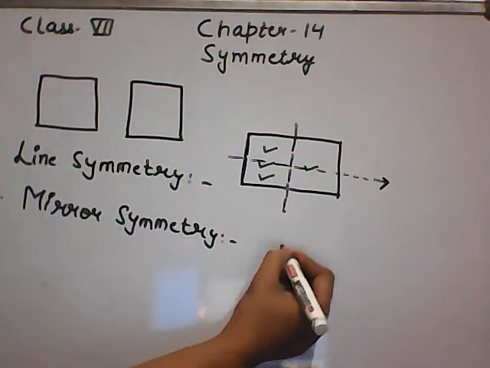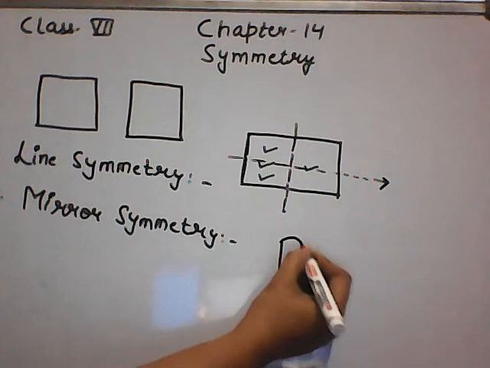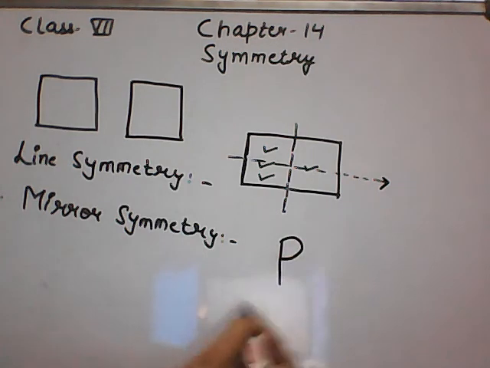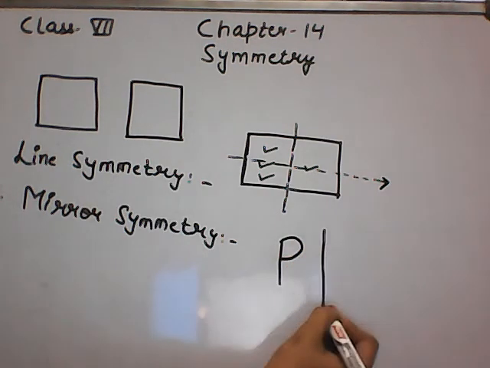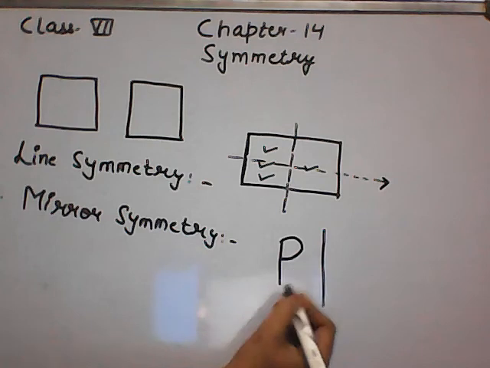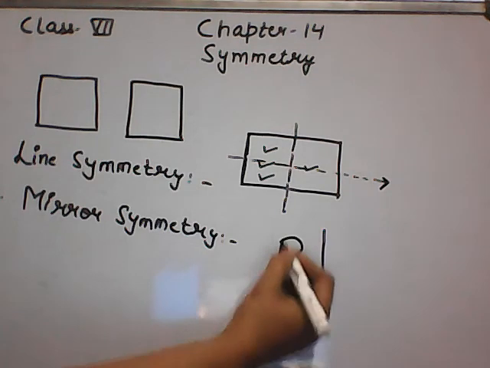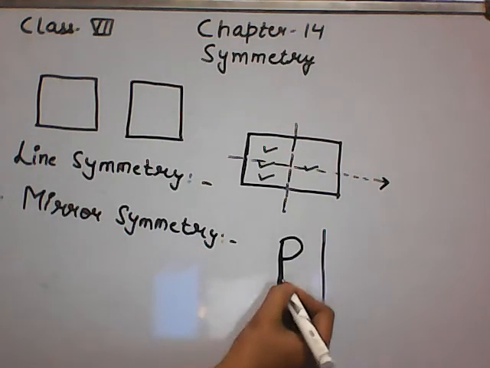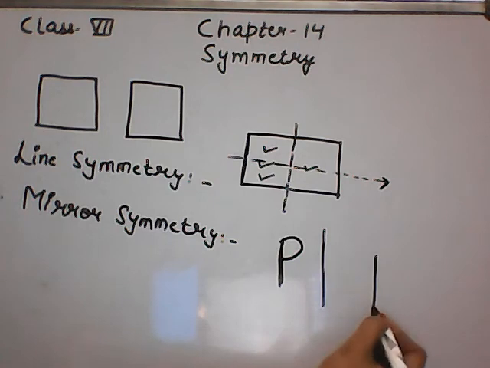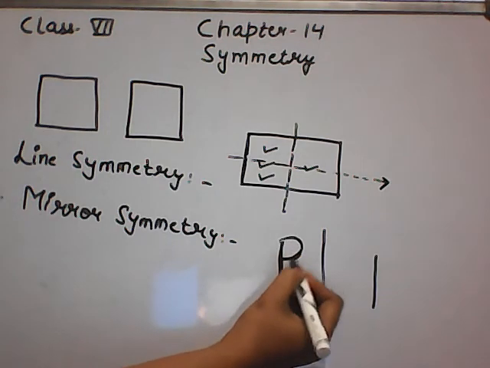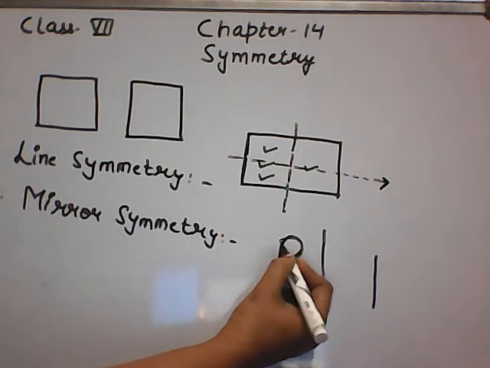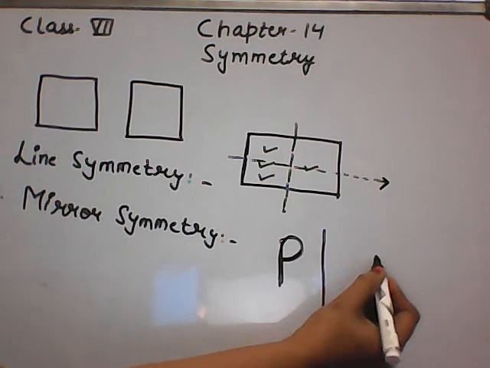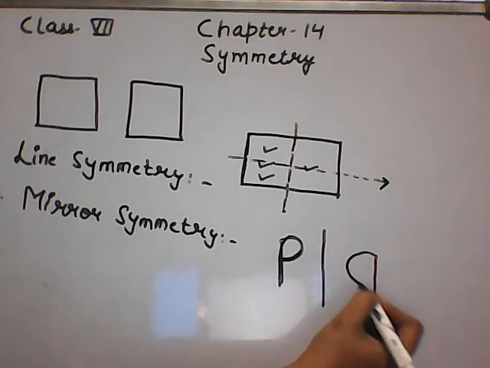Suppose there is a figure P. What is the mirror image of this figure P? This straight line is the left part. This left part becomes the right part. Here this curve is the right part of P. In the mirror image, this curve part becomes the left part.